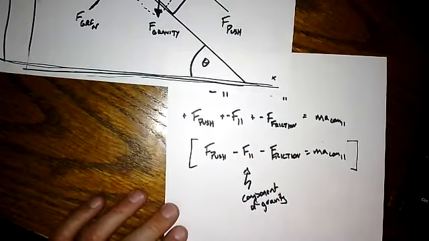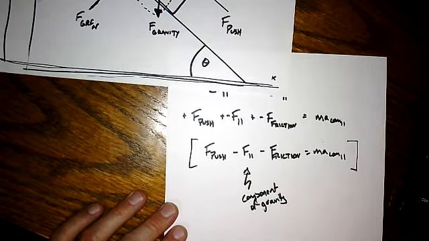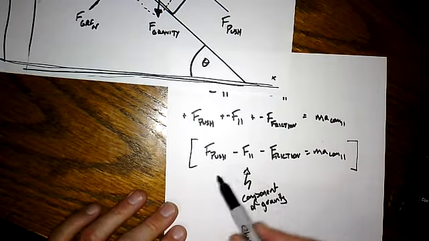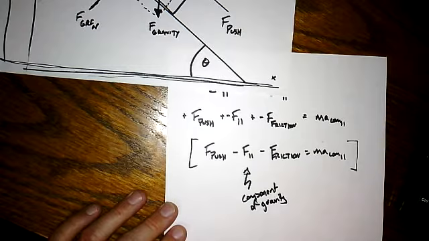for parallel movement. So now the question is, are we speeding up? Are we slowing down? Is velocity constant? Well, now we just need to do the math, and we would need to know some of these numbers to be able to figure out what actually is happening to acceleration in the parallel direction.